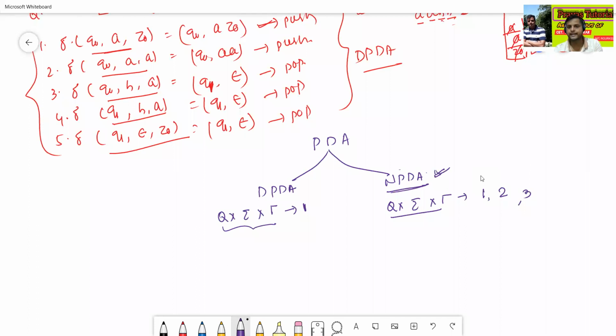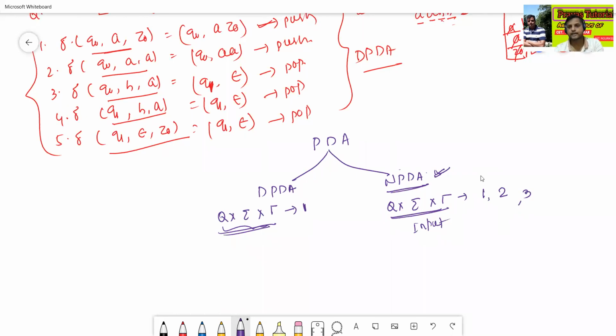So for NPDA, for one input there may be multiple operations, but in the case of DPDA, for one input there will be only one operation. This is the difference between DPDA and NPDA.